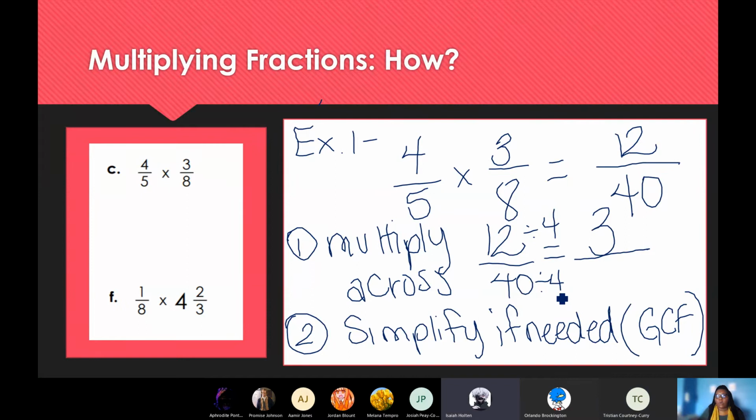Yep, and now 4 times what will equal 40? 10. So now my simplified fraction is 3 tenths.